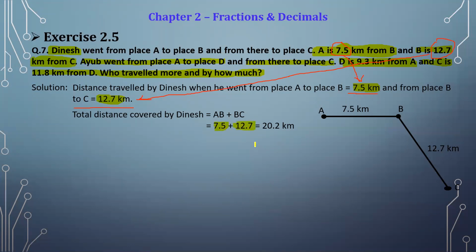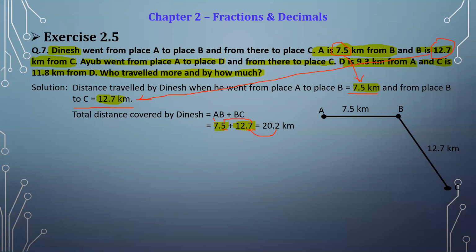12.7. While adding these numbers, first you have to add the decimal part, the digits present in the decimal part. Here in the decimal part, 7 plus 5 is 12. So we take 2 and the 1 goes as a remainder.